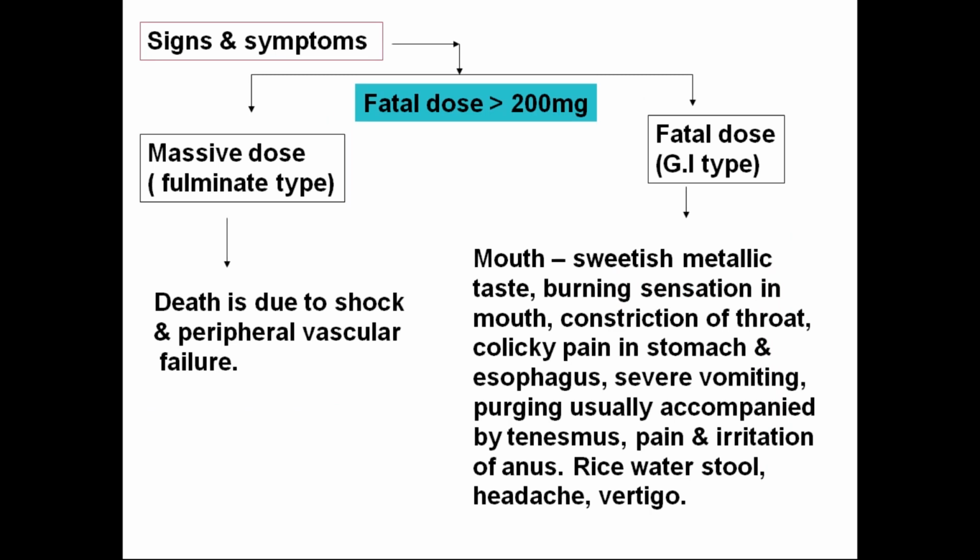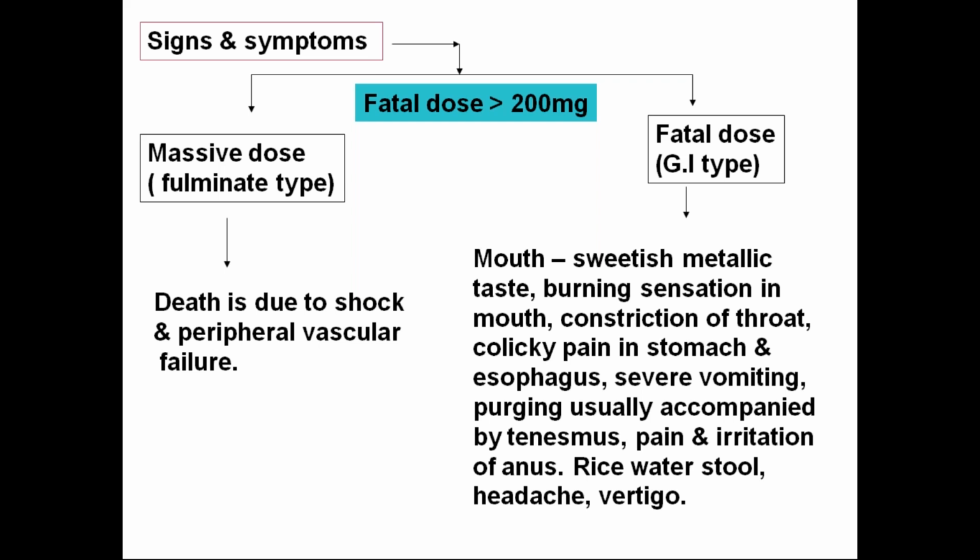If massive doses are taken, greater than the fatal dose, then we have a fulminant type of acute poisoning, and death will occur due to shock and peripheral vascular failure, mostly cardiovascular. And if the fatal dose is taken, it is called the GI type, or gastrointestinal type.